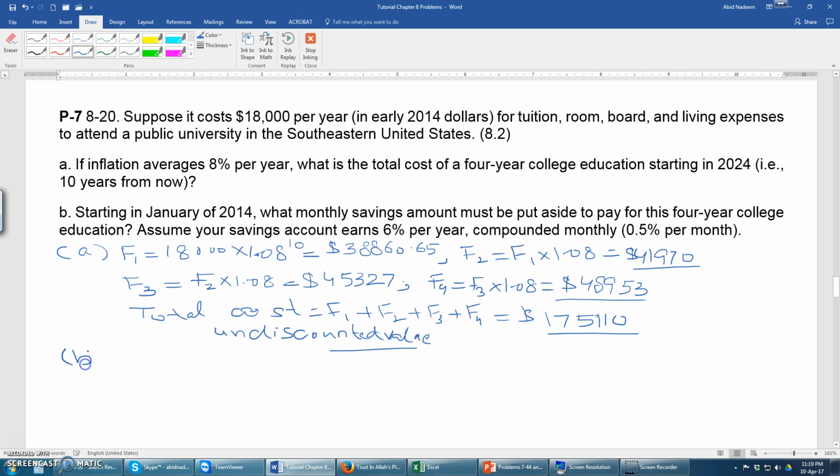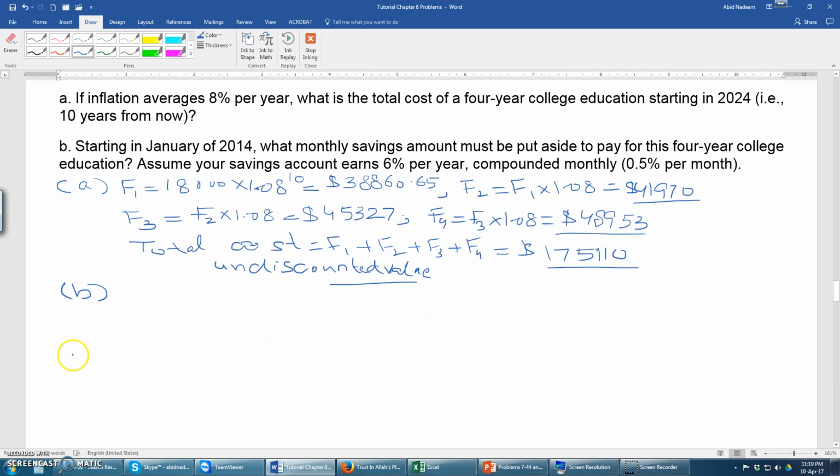For part B, what we need to find is the annual effective interest rate, because this is needed for the calculation of the worth of these costs. These costs, for example F1, F2 and F3, are on an annual basis, so we need an annual effective interest rate.